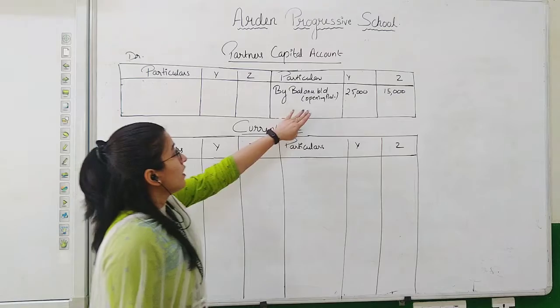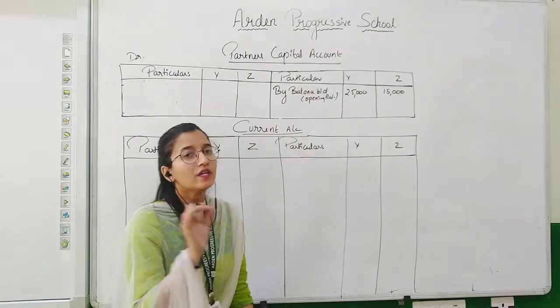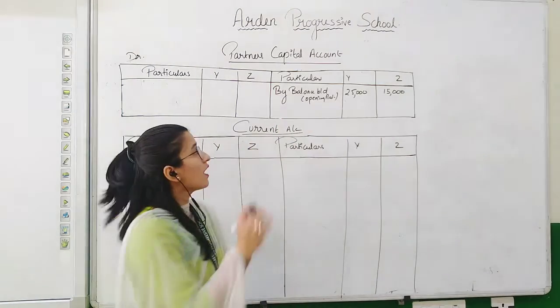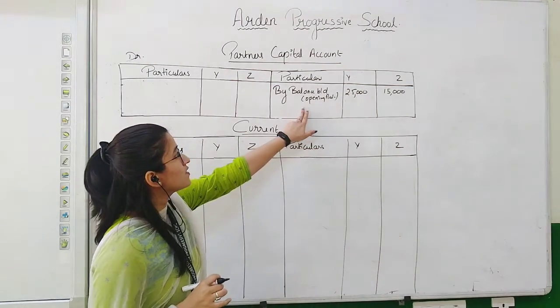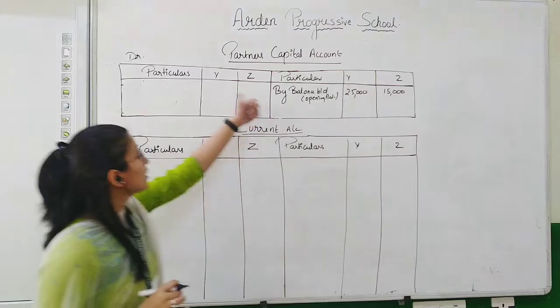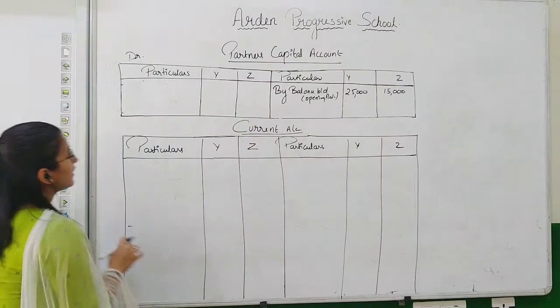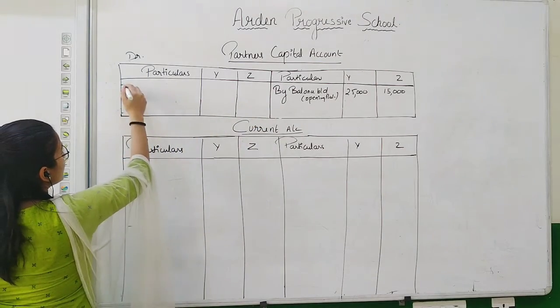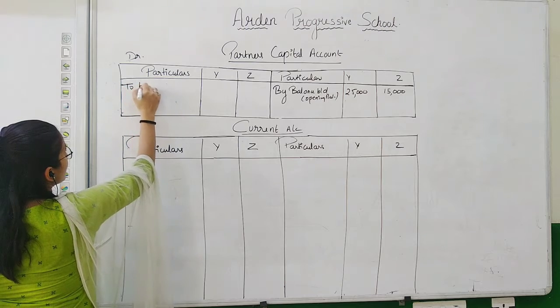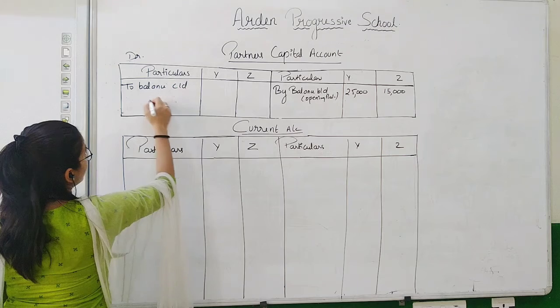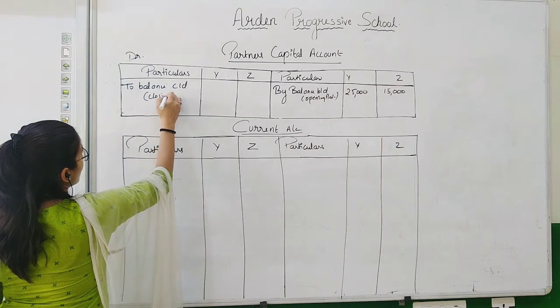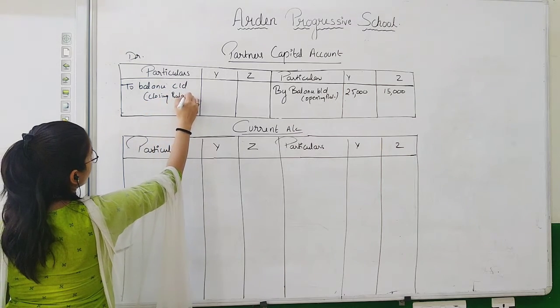Now, during the year, no additional capital was introduced and no amount of capital has been withdrawn. So this opening balance will become closing balance at the end of the year. So we will write here closing balance as to balance carried down, which is closing balance.